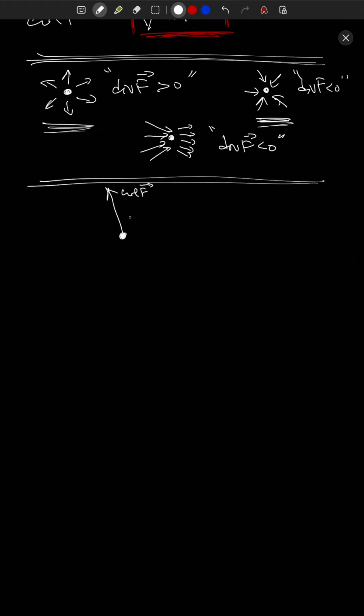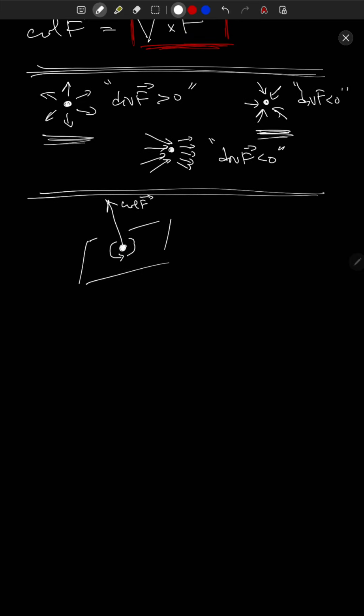So if this is the direction for the curl, then what that means is your vector field is flowing rotationally around this point in a plane perpendicular to the curl vector. All right. So you can think of your vector field as rotating in this direction, like that.